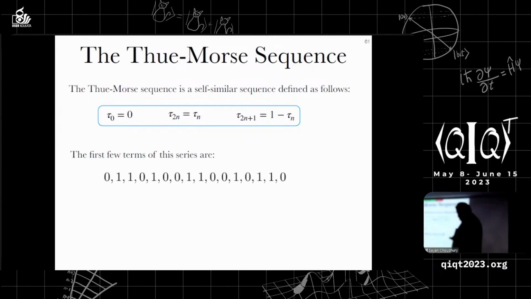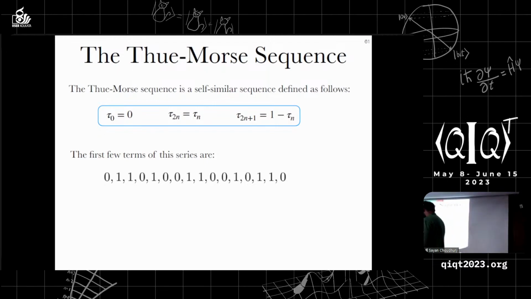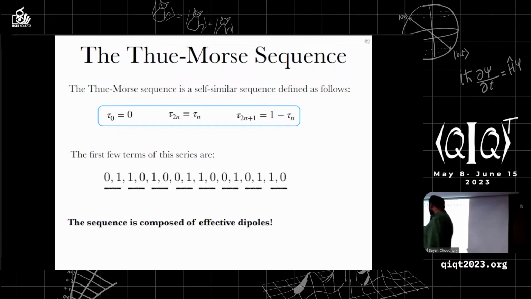So what you see is that every 0 is followed by a 1, and the system has a very specific structure where you can imagine that you started off with a dipole, then after 4 it became a quadrupole, after 4 it became an octupole, and so on. So at a very basic level, this sequence is composed of effective dipoles.